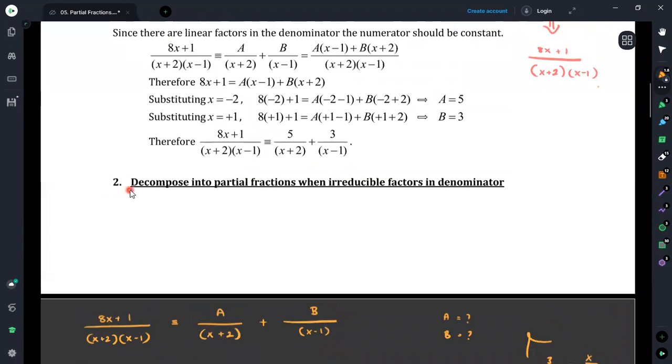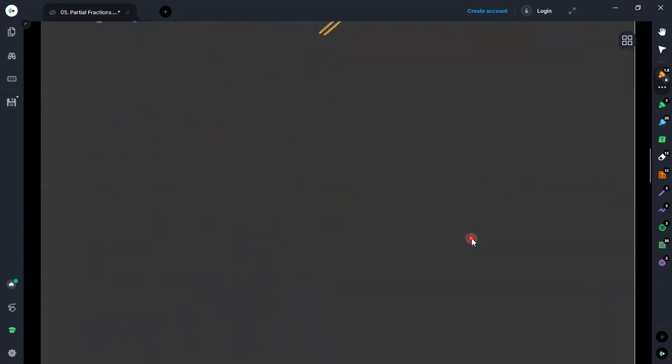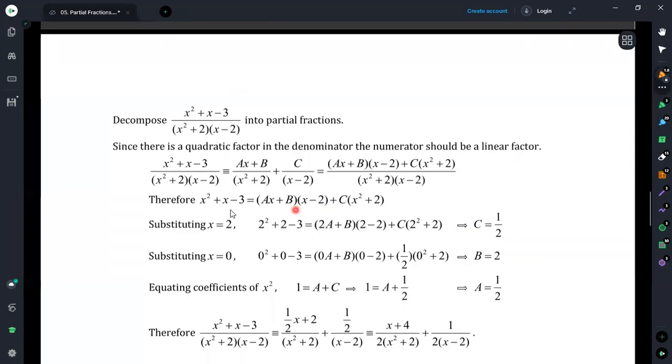The next one, the second technique that I am going to discuss here, is decomposing into partial fractions when there are irreducible factors in the denominator. Here we are asked to decompose x squared plus x minus 3 over x squared plus 2 into x minus 2 into partial fractions.